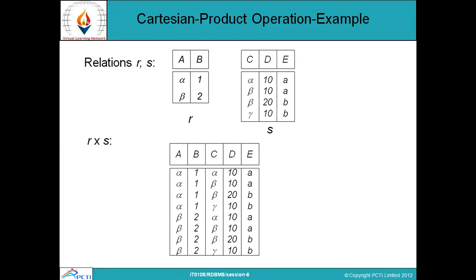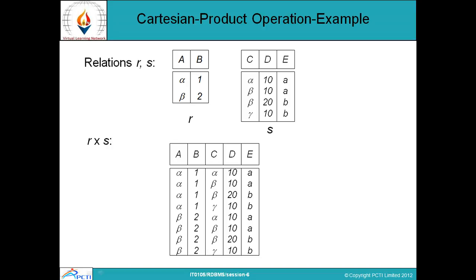This is an example of the Cartesian product operation. The tables R and S are considered here. R contains these values and S contains these values. We make all possible combinations. Take R cross S: first, alpha 1 is combined with every possible row of S, from alpha through gamma, so alpha 1 is repeated once for each row of S. Next we take beta 2.